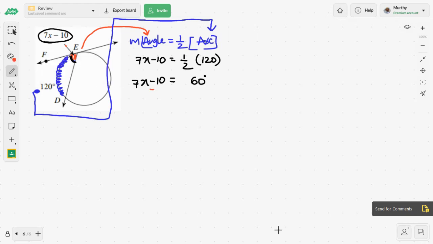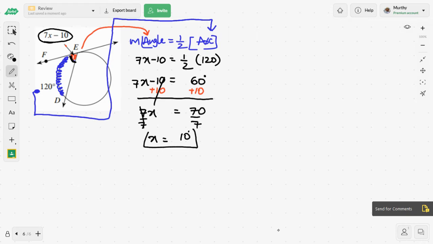We go for inverse operation. Then we get that here 7x equals 60 plus 10, 70. You know how to eliminate the constant. We go again by inverse operation. 70 divided by 7 gives me 10 degrees.